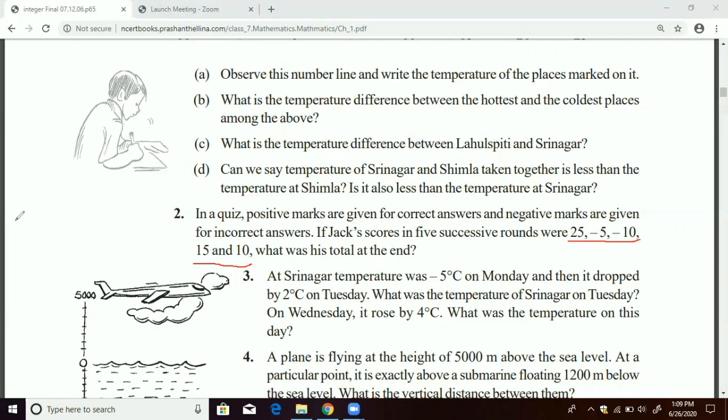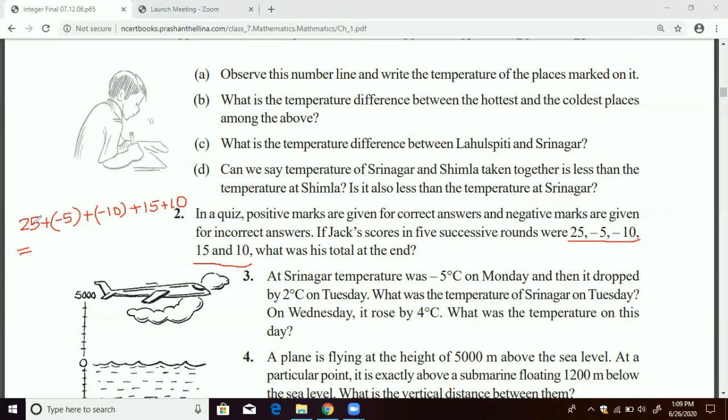First of all, he got 25 marks. Then we are adding 25 plus -5. The next mark is -10. The fourth mark is +15. And in the final round, he got +10. We are adding this total mark.